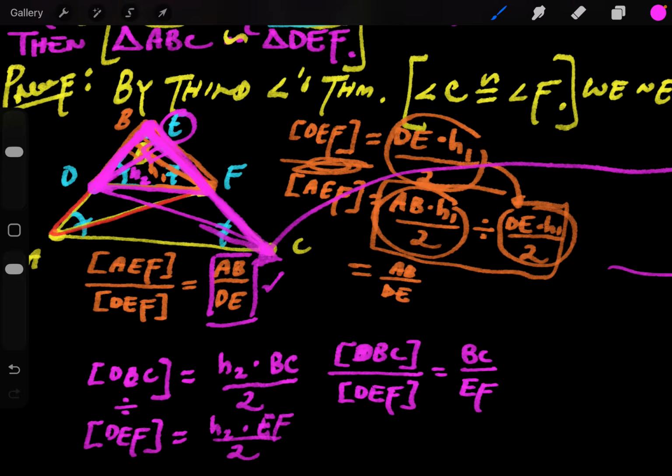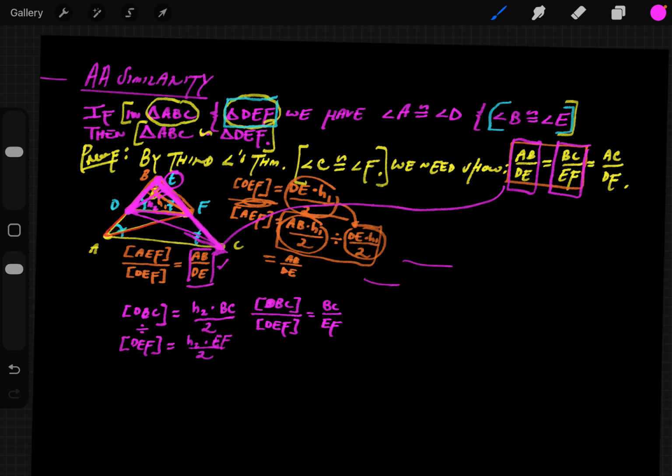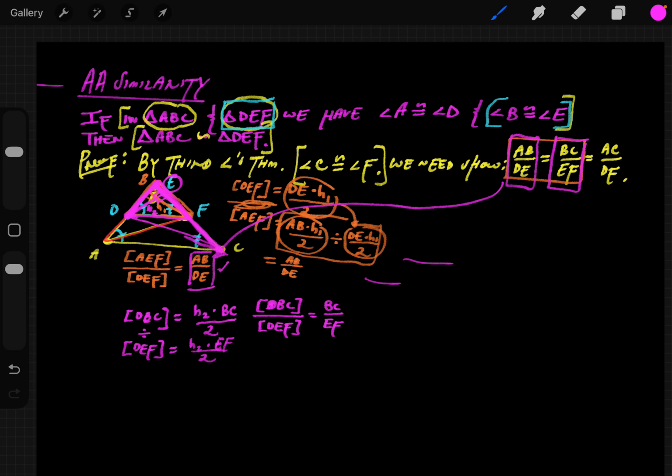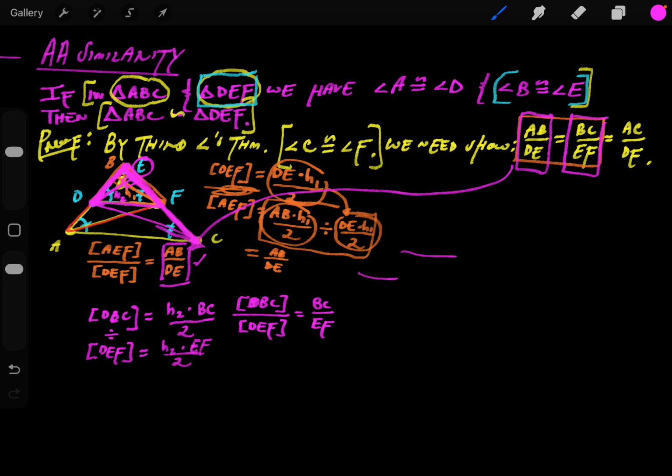And this is good because now you have these two ratios that we're investigating. And we should see that, what do you have at this point? You got this, and we got this.